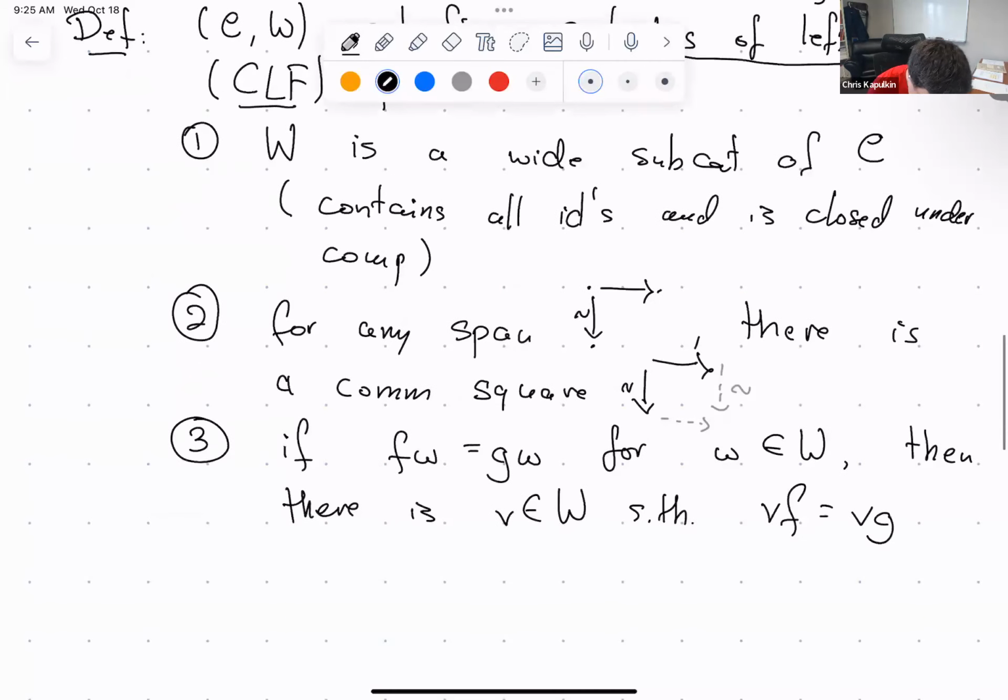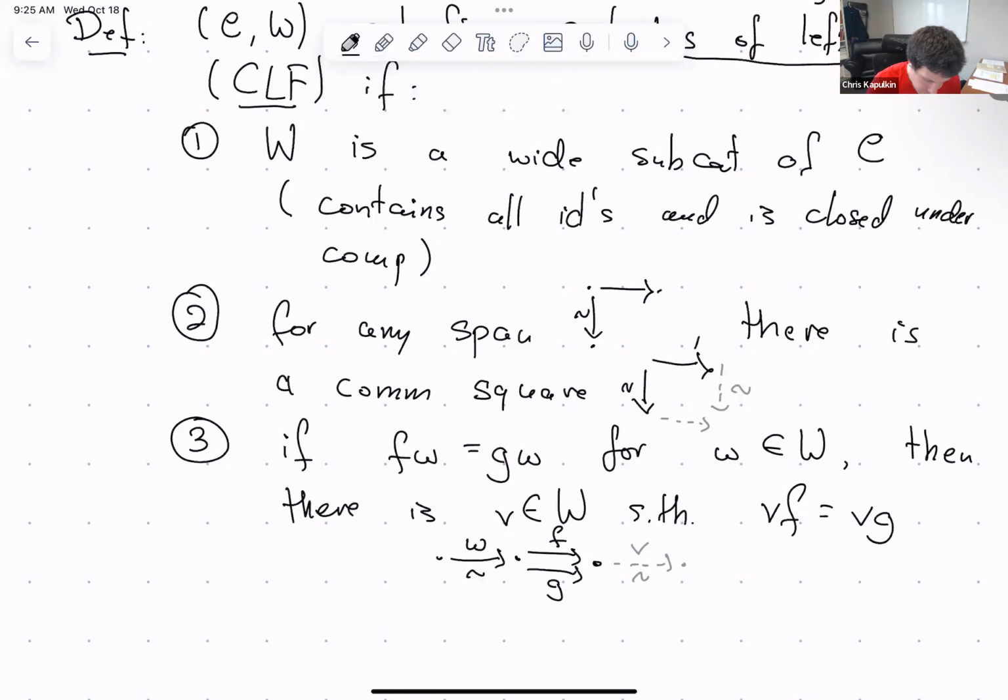And so the picture that you should keep in mind is that I have two parallel morphisms F and G, and there is a weak equivalence W here, and this weak equivalence equalizes those two morphisms on the left. Then I can find a weak equivalence V that co-equalizes them, so now equalizes them on the right.